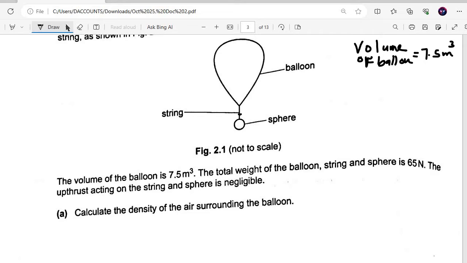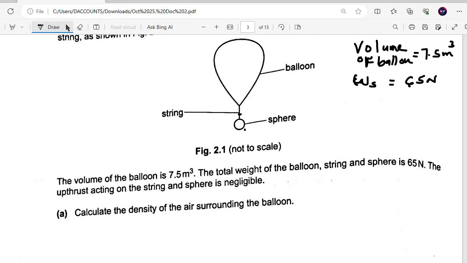The total weight of the string and the sphere is 65 Newton. The upthrust acting on the string and the sphere is negligible.